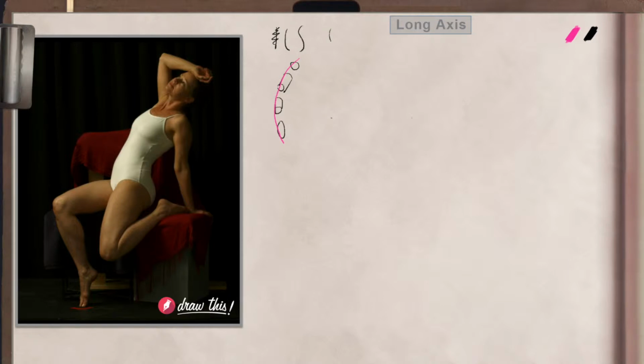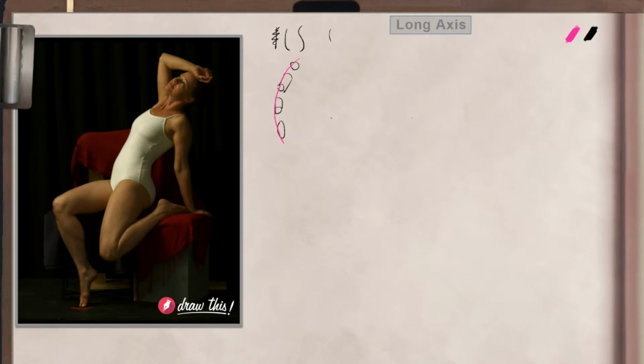So that's the concept of the long axis, which is the true gesture in its purest form, the long continuous line. And I always look at it as water. You're trying to draw the water. That's the way I think about it. You're trying to draw the water in a human being, symbolically as a line. But that's what we're doing.